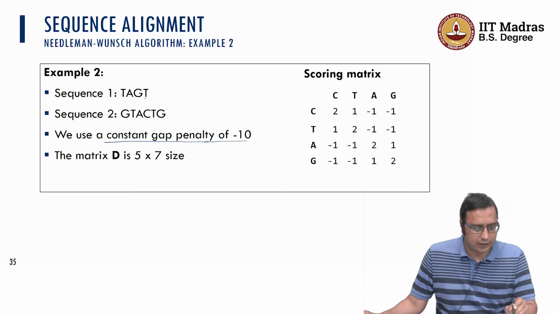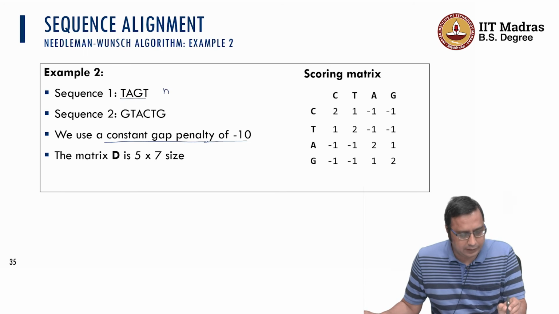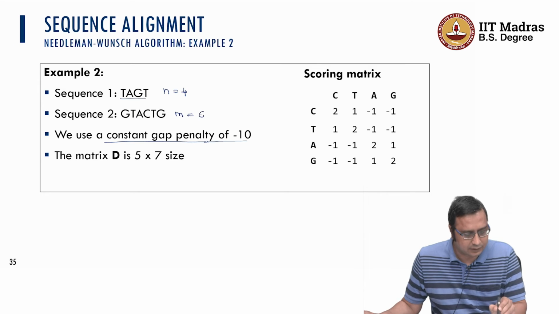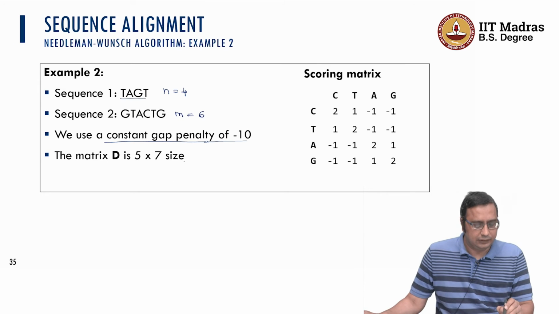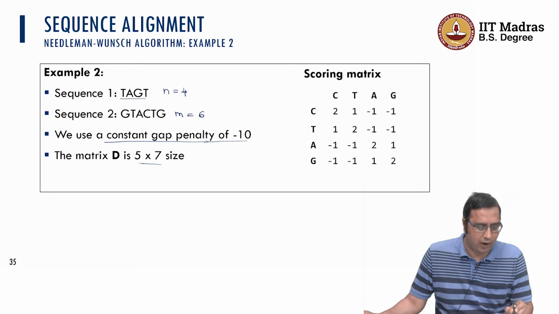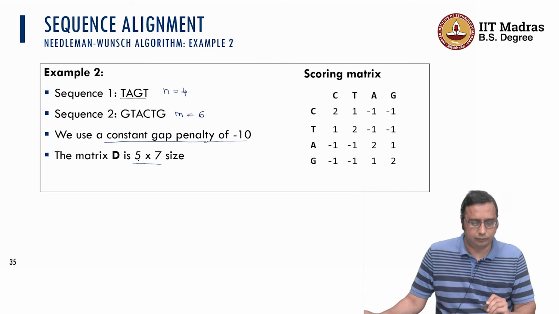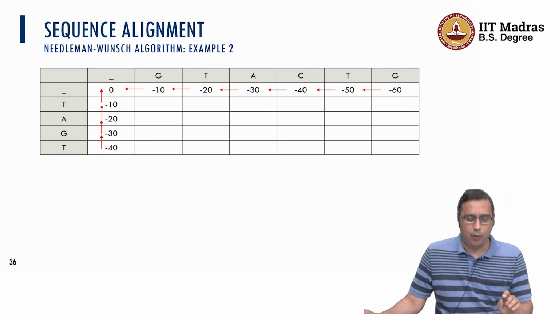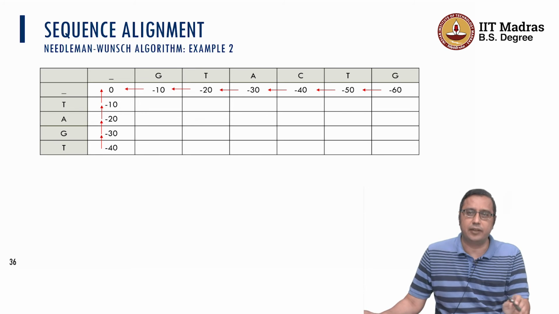We have two sequences here. First sequence length n is equal to 4 and m is equal to 6. So the scoring matrix D will be of size 5 cross 7. Now here I have already constructed the gaps or empty sequences on both sides.